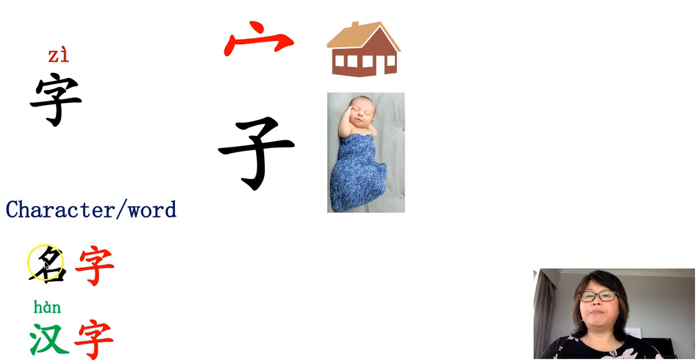So literally, 名字 is name words, but nowadays we just put them together. 名字 just means name. When we look at this character for word, there's 汉字. Han means Chinese people or the majority of Chinese people. So 汉字 is Chinese people's words or Chinese people's characters.